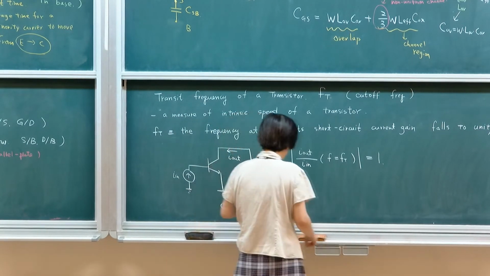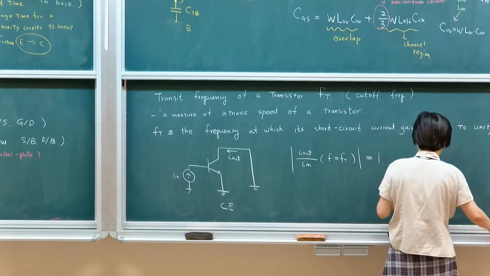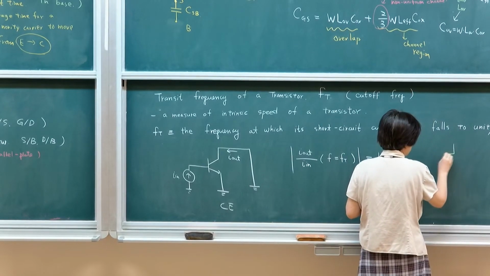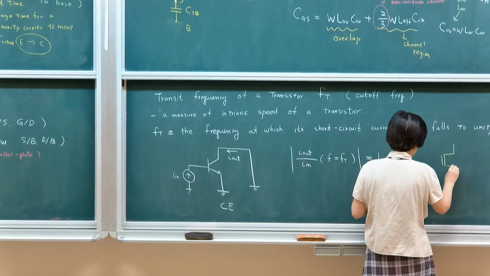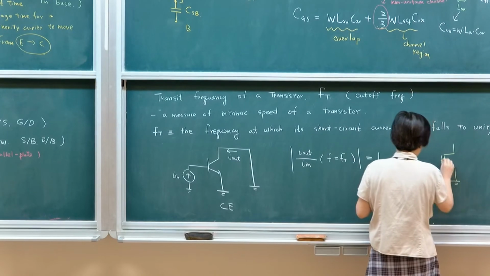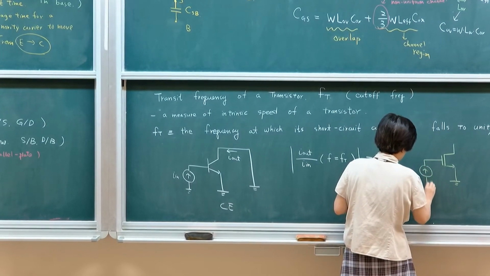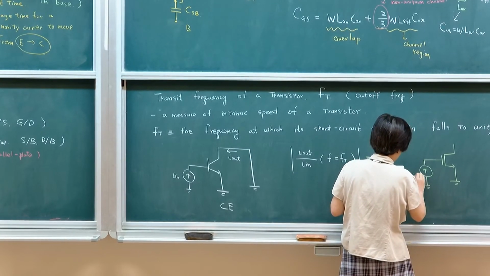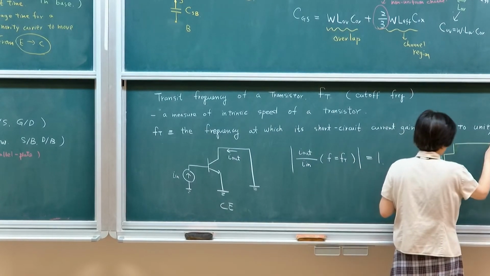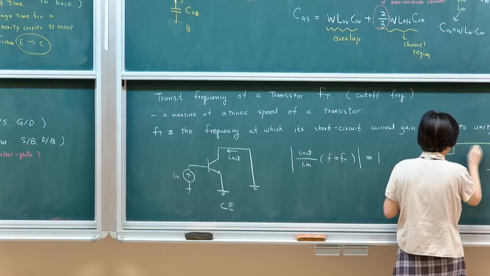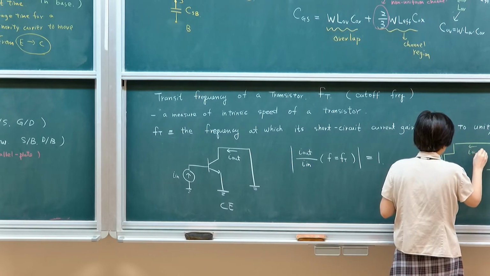And you can do the same testing for MOSFET as well. So the MOSFET test circuit will be something like this. We simply sweep the frequency of I in and short circuit the output to look at I out.